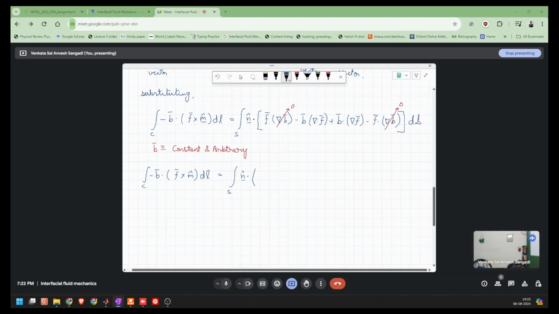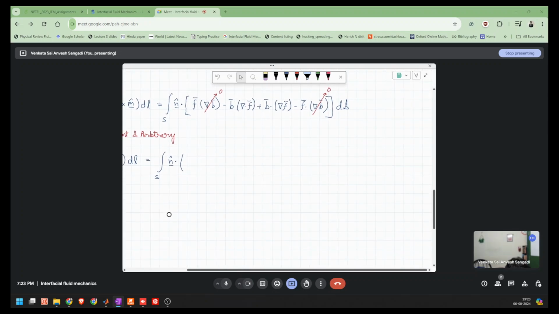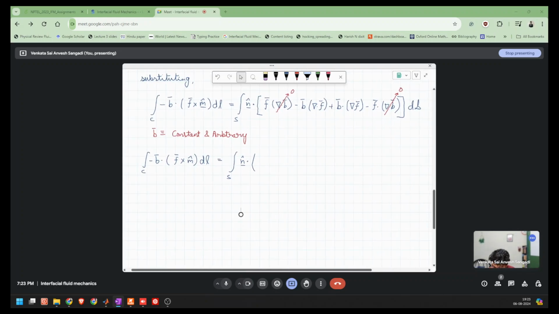Now substituting the terms, dropping out the terms that are 0, we have minus B vector with divergence of F plus B dotted with grad F.